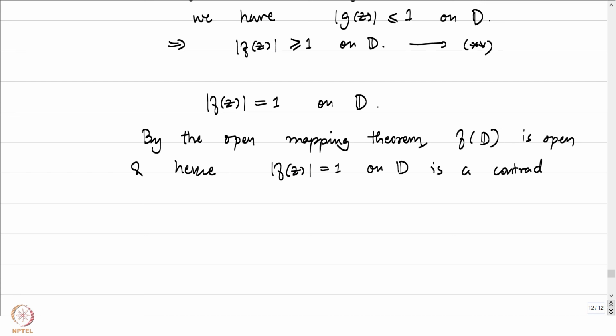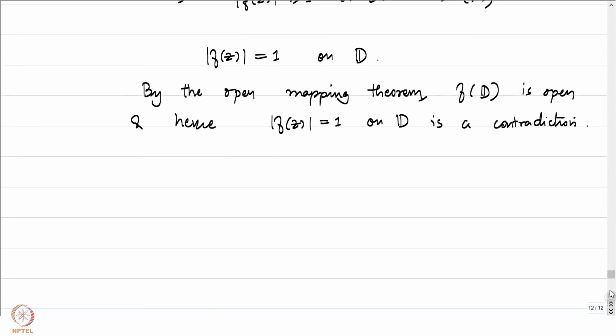You should sit down and think about why it's a contradiction. If it is an open set, it cannot be sitting inside the unit circle in R2, so I'll leave that to you, and hence our assumption was wrong.